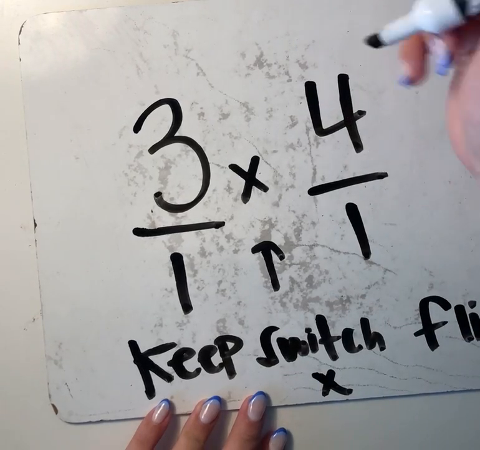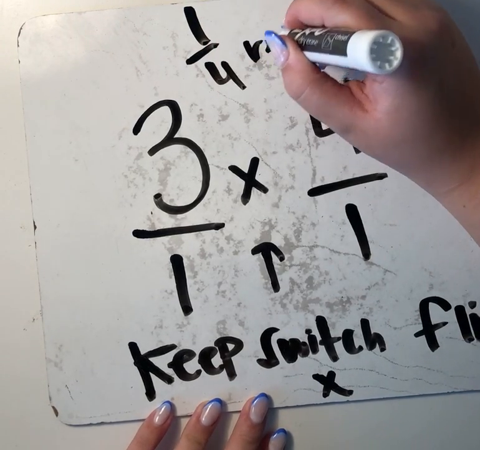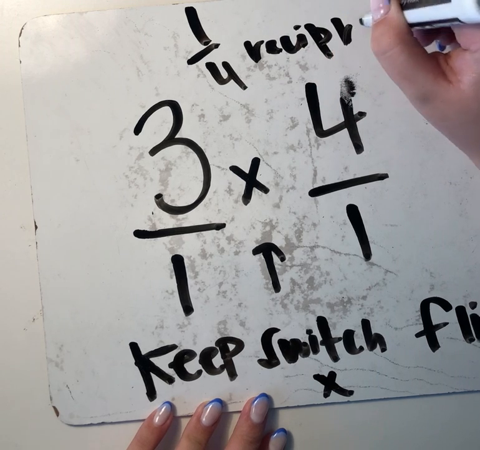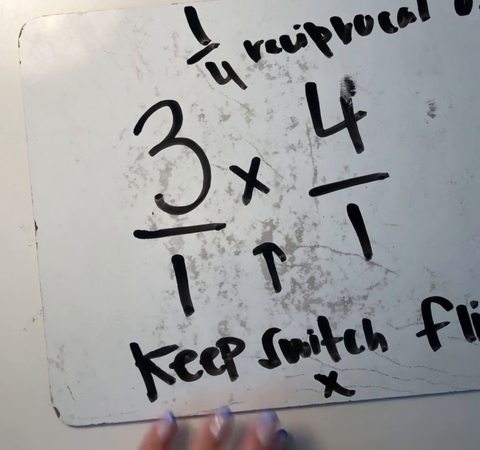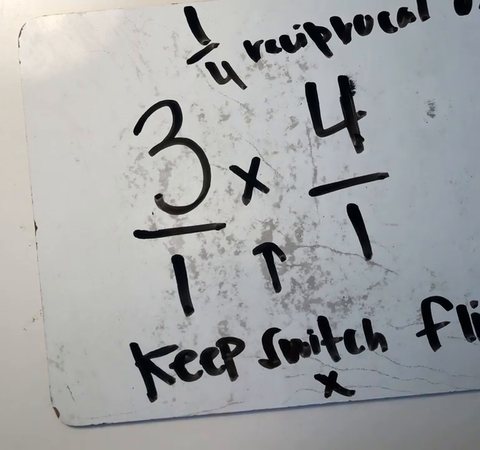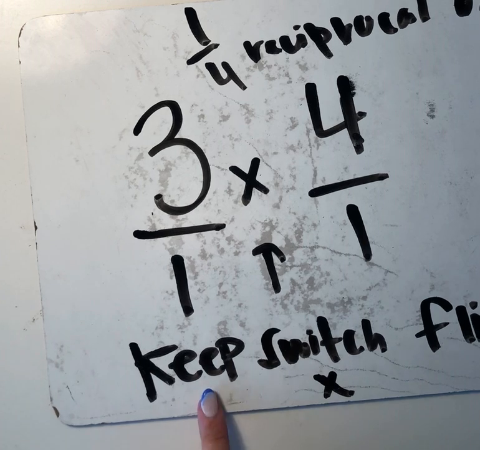For example, 1/4 is a reciprocal of 4 over 1. All right. We kept the first number. We switched the division sign to a multiplication sign, and we flipped this last fraction upside down. Keep, switch, flip. We will be using this a lot, so I suggest you remember that.